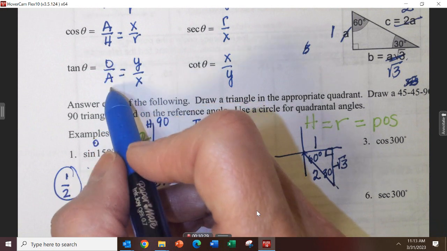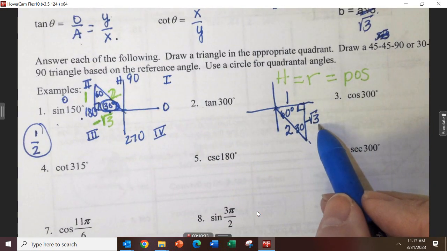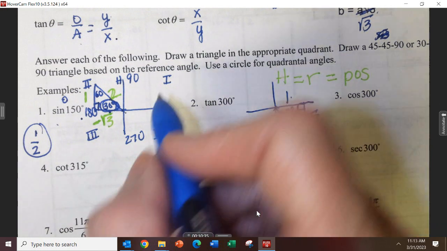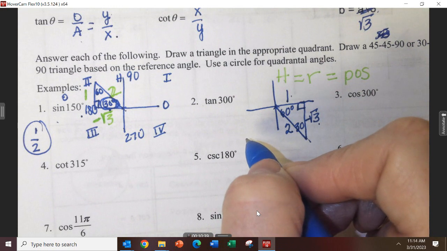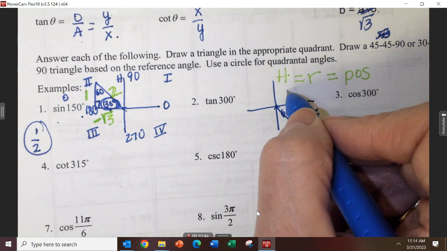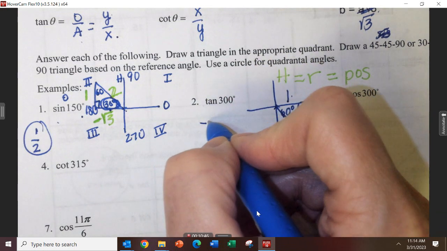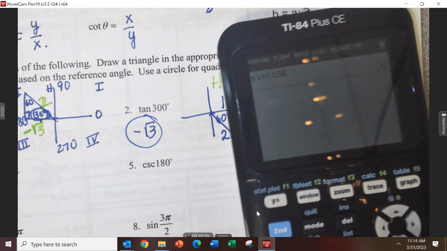To find the tangent, look back up at tangent. Tangent is opposite over adjacent or y over x. Here's y, here's x. What's the tangent going to be? Opposite over adjacent, guys. Negative radical 3. Okay? Let's check it.